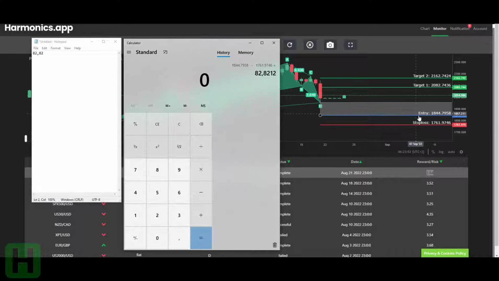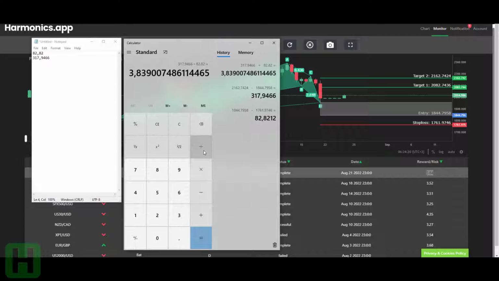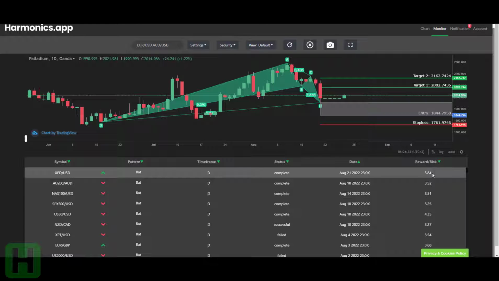And when I take the difference from the entry to target 2, this will be 2162.7424 minus 1844.7958. Okay, it is 317.9466. So if I divide this by 82.82, I get 3.839, which is 3.84. This is the risk to reward ratio if I enter the trade at this level, put the stop loss here, and the take profit at target 2.